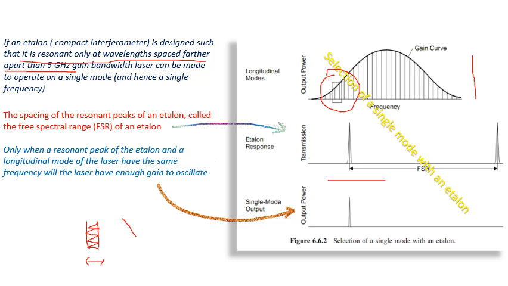तो यहाँ पे ये क्या कह रहा है कि if etalon it's like a compact interferometer, तो उसको अगर हम डिजाइन करते हैं कोई certain wavelength, but specifically here it's mentioned 5 gigahertz because we are taking as an example this 5 gigahertz is for the argon laser.